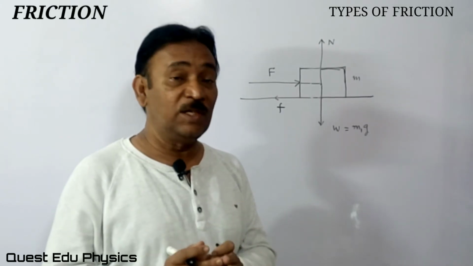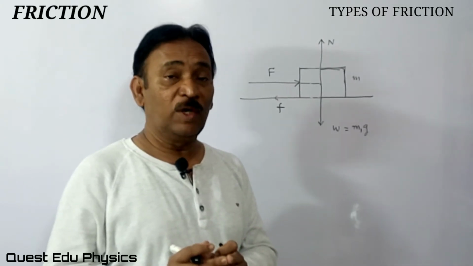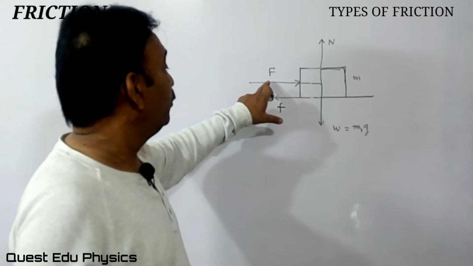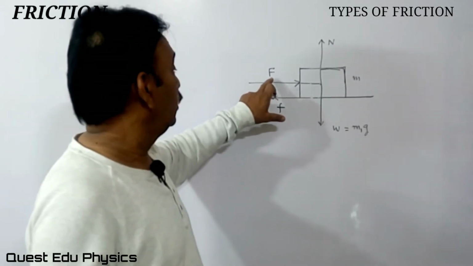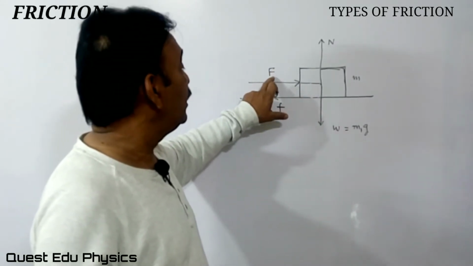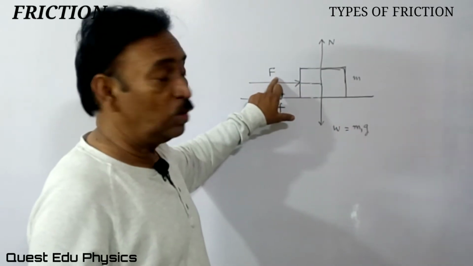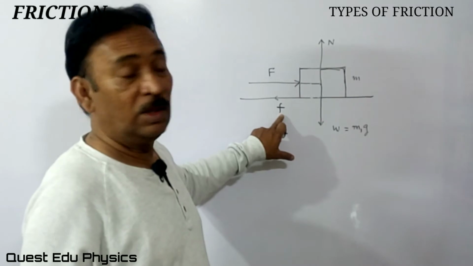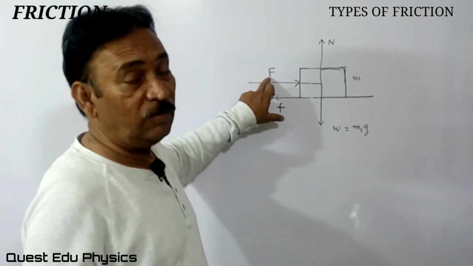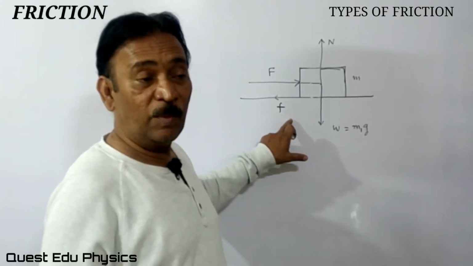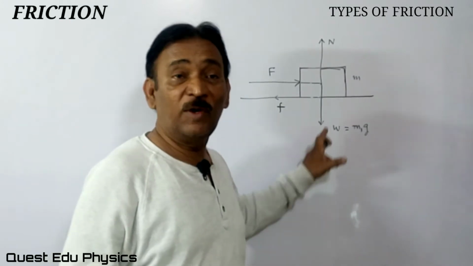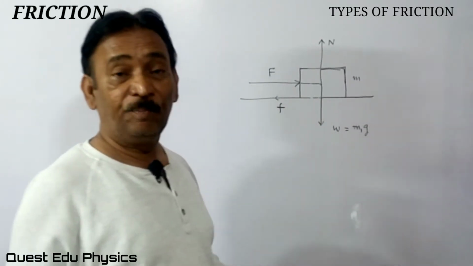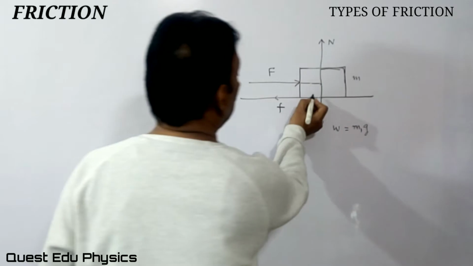Okay, students, what does it mean? If we increase the magnitude of the applied force, then immediately the frictional force also increases. That means the magnitude of the applied force is directly proportional to the frictional force offered by the surfaces in contact. And you have to remember one more thing here.